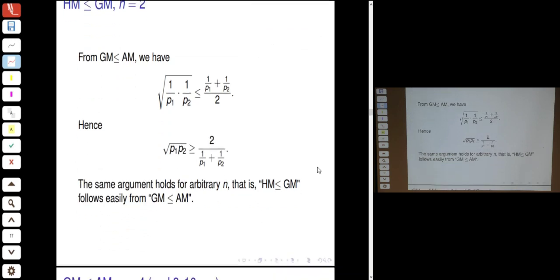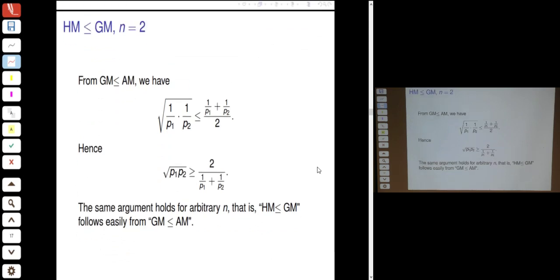And let us complete the other half of the inequality, namely hm is less than or equal to gm. I had promised you that it is enough to focus on the case gm is less than or equal to am, because the case that hm is less than or equal to gm will be a simple consequence of the inequality gm is less than or equal to am, and let us see why this is true. Basically, what you do is that you take the inequality gm less than or equal to am.